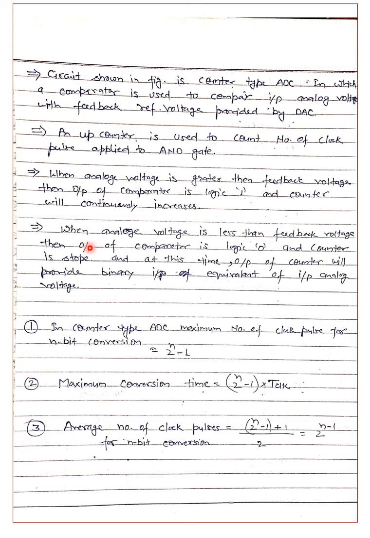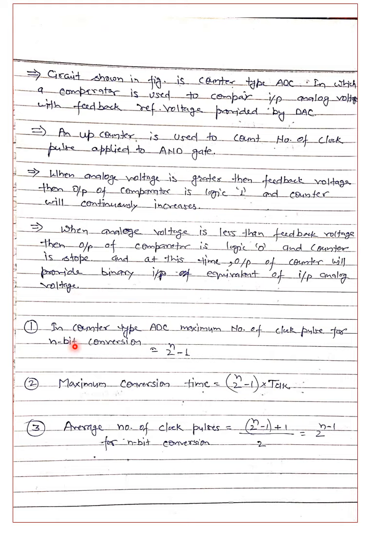Also, when the analog voltage is less than the feedback voltage, then the output of the comparator is logic 0 and the counter is stopped, and at this time the output of the counter provides the binary equivalent of the input analog voltage.